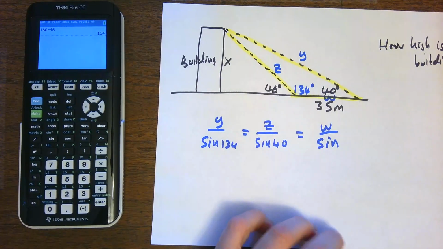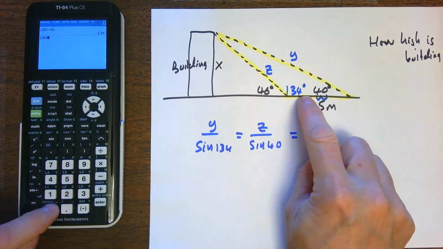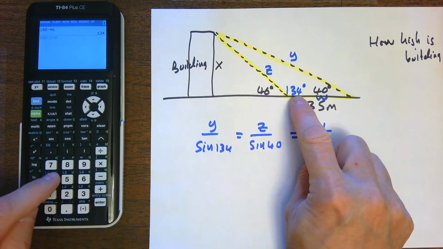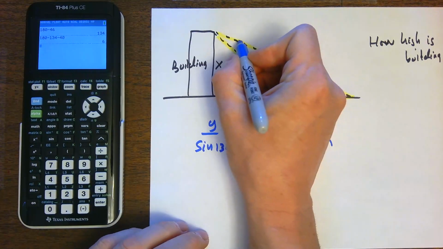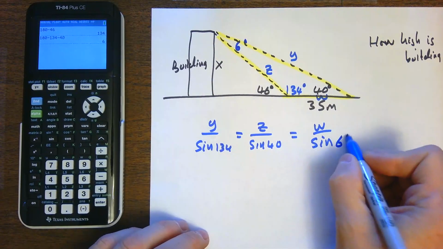What is that angle up there? 180 minus 134 minus 40, 6 degrees. So this angle up here is 6 degrees, the sine of 6 degrees.